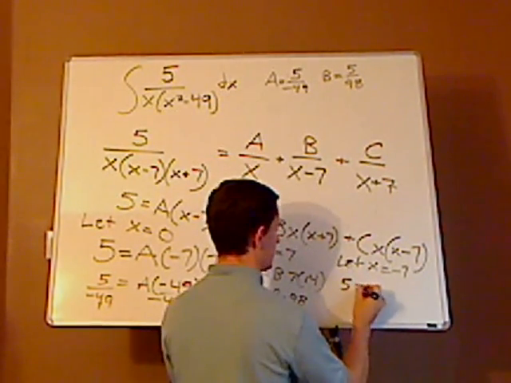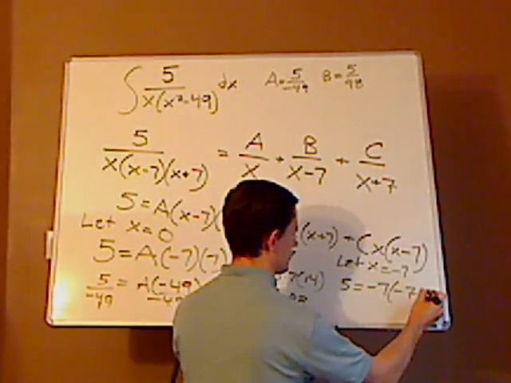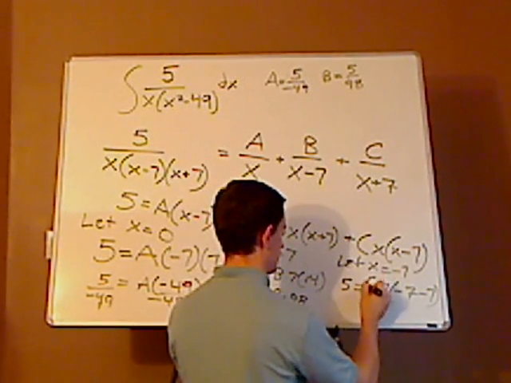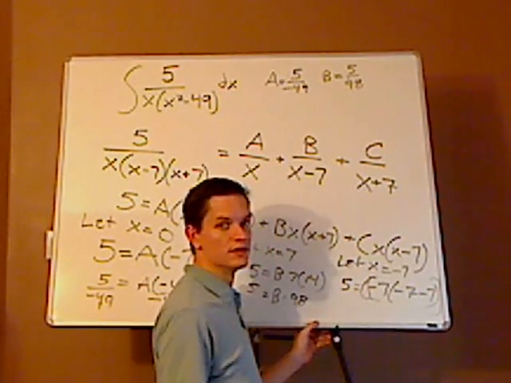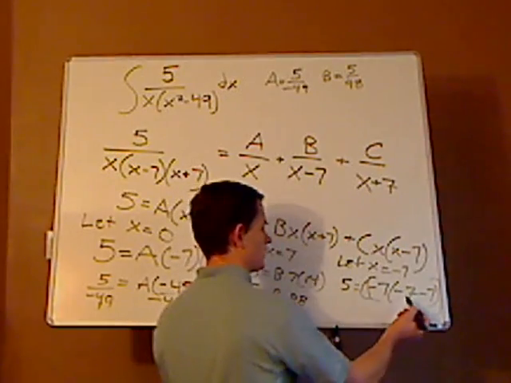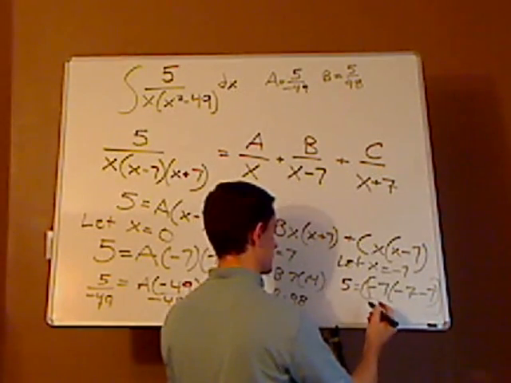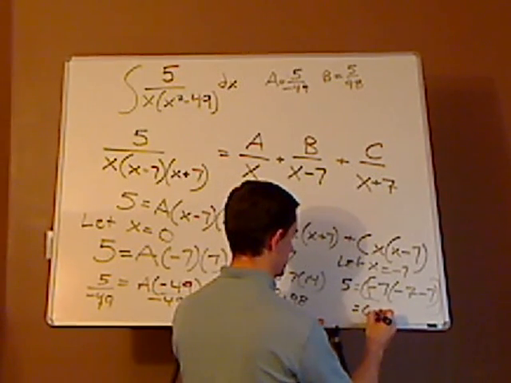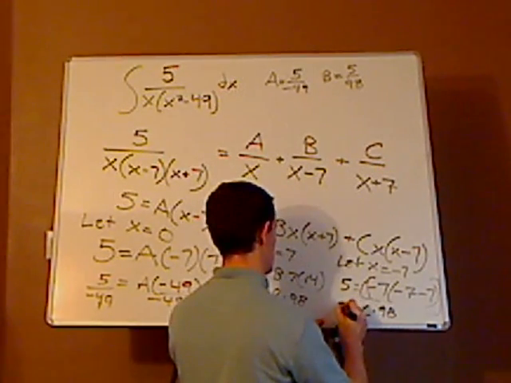So I end up having 5 equals C times negative 7 times negative 7 minus 7, which is negative 14. Negative 14 times negative 7 is a positive 98.